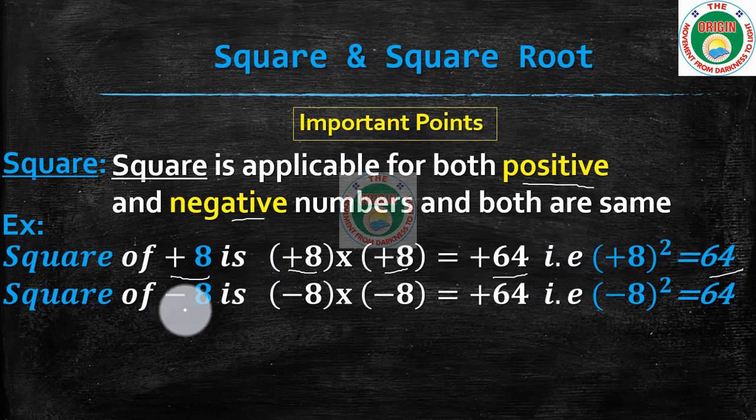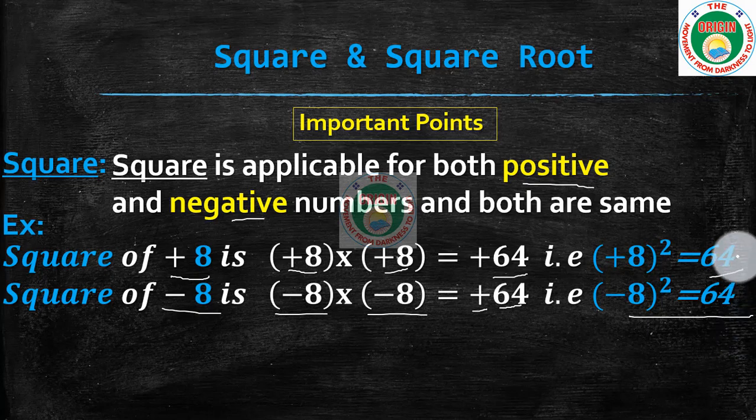Next, the same number as negative. Square of minus 8 is minus 8 into minus 8. First multiply the signs: minus into minus is plus, and 8 8s are 64. The answer is plus 64, that is minus 8 whole square equals 64. That is why under the square, both positive and negative numbers have the same value.